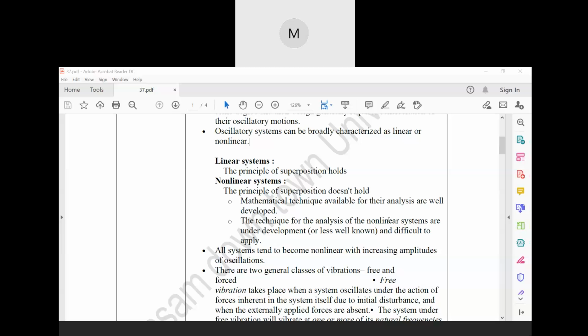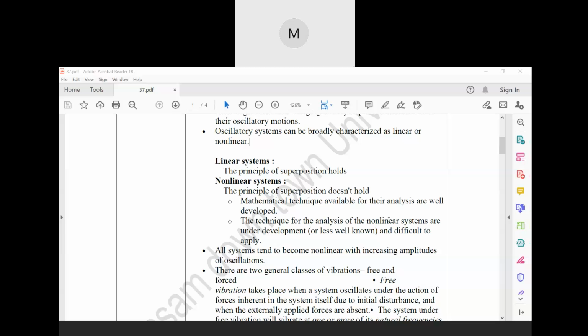Understood? Normally, do all bodies have oscillation motion? Do all bodies have vibration motion? All bodies have some vibration. Even you are having some vibration, I am having some vibration. But oscillatory motion is different. What does oscillatory motion mean?